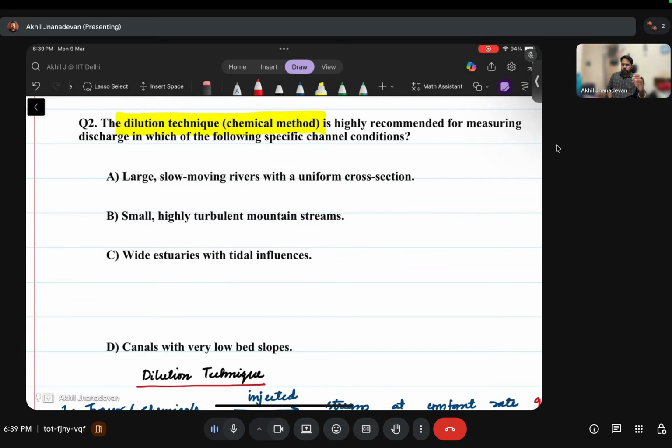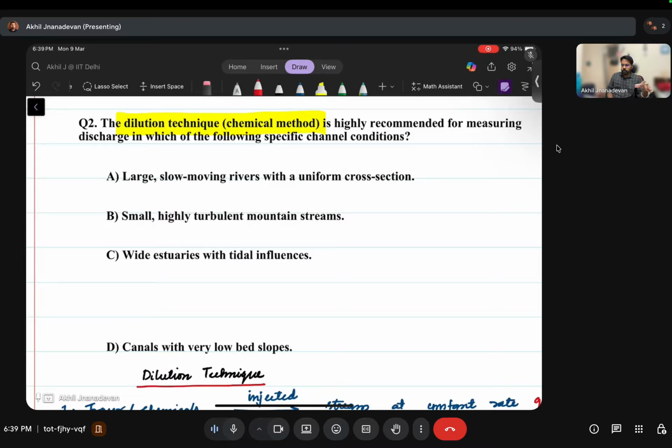So this will be used only in the worst case where we cannot make use of the current meter to make the velocity measurements, or if the flows are very turbulent, or it is very difficult to reach the river because it comes in between mountains and all. If accessing is difficult, or it is difficult to measure the velocity with the help of instruments like a current meter. So these current meters are basically like hanging, like a suspension, right?